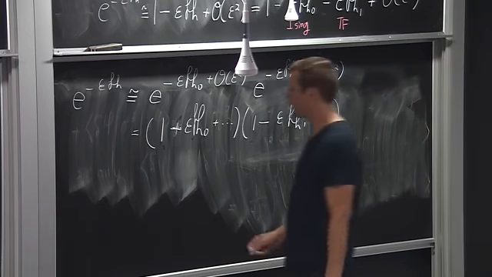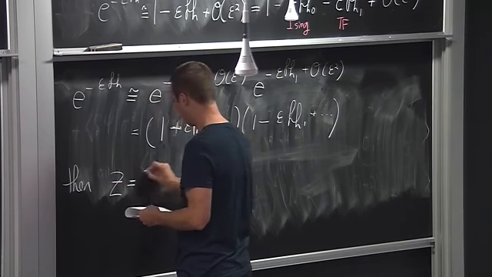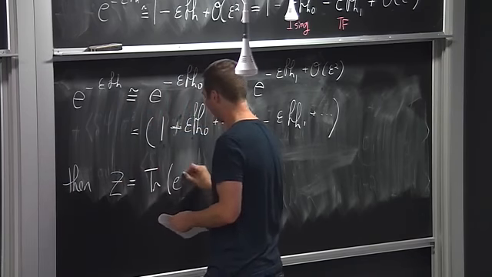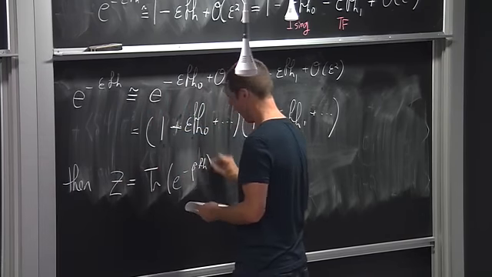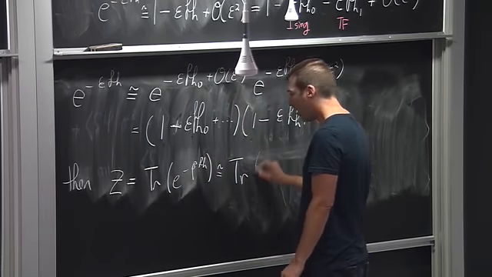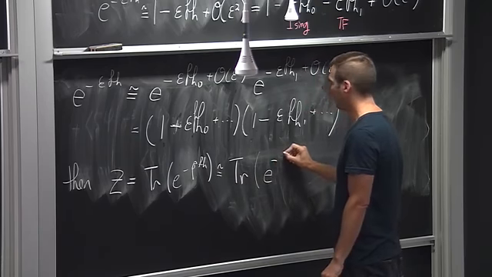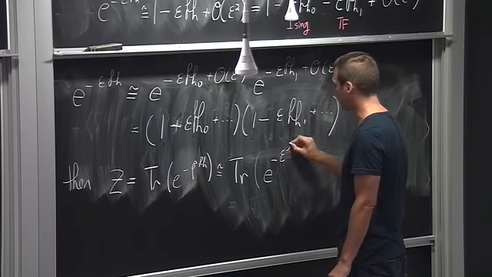So the partition function is just approximately equal to the trace over, and I'll just drop those higher order terms in epsilon.